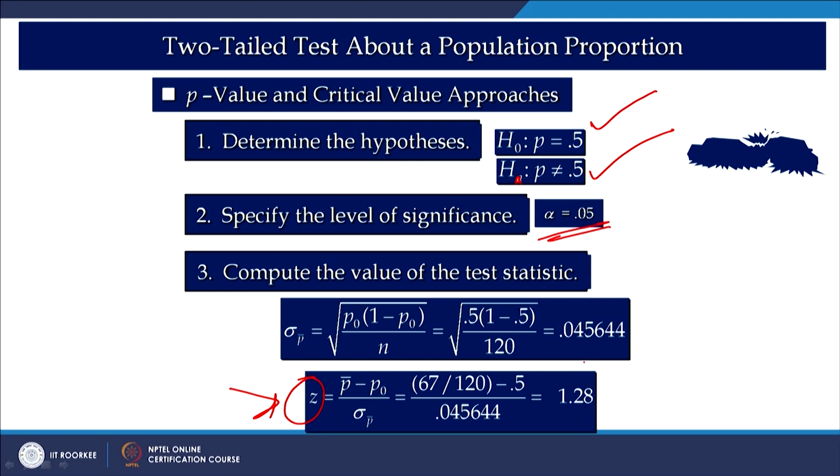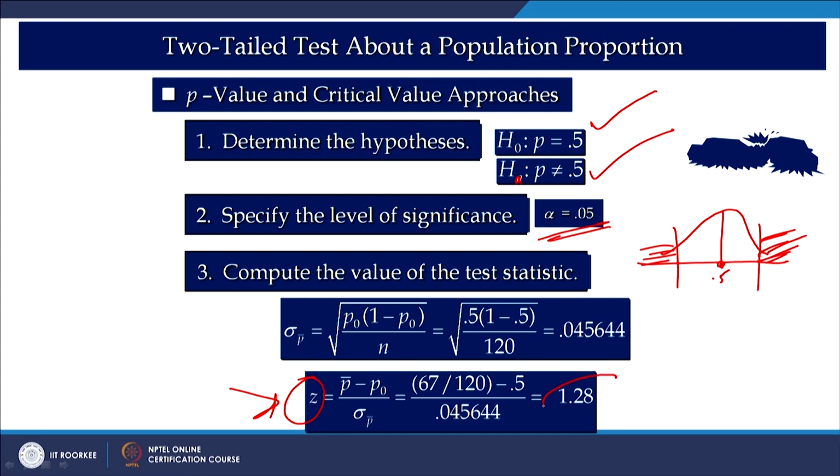Since this is a case of two-tailed test, how would the distribution look like? It would be like this. You have got these two rejection regions, and the hypothesized population parameter is 0.5.